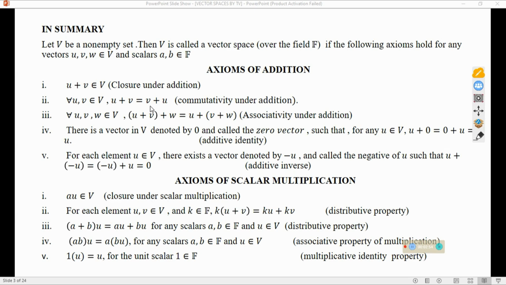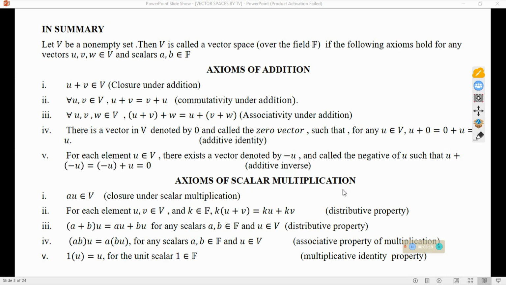For example, after showing that u plus v is still in V, that is closure under addition, you can easily prove commutativity and associativity, and you can easily talk about the identity and the inverse.